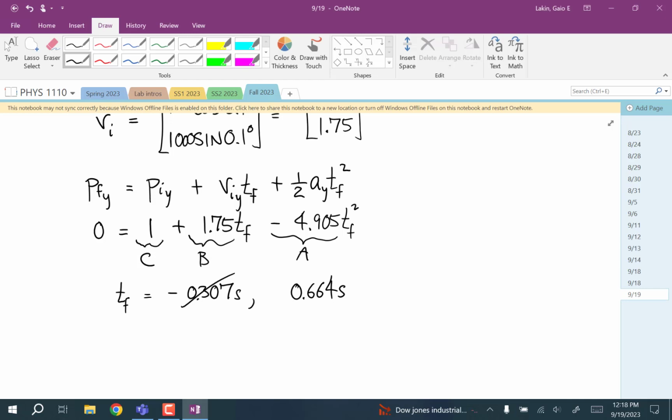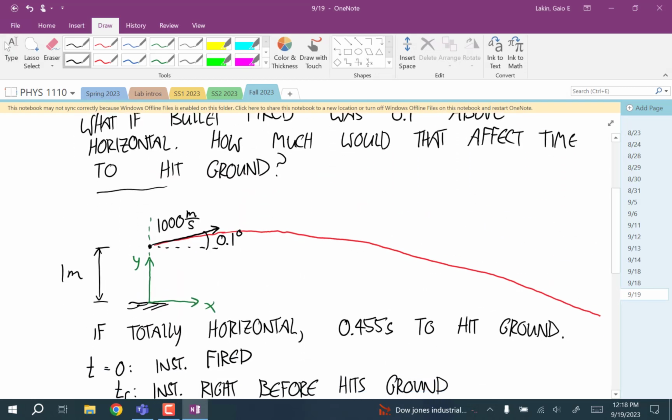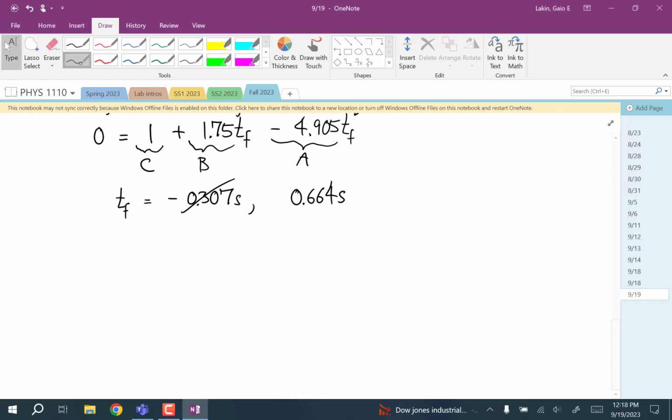How high do you think the bullet gets? Yeah, it definitely will get, I mean, if you look at this picture, this is exaggerated, but you can see that because it's fired up, it is going to go up a bit higher than it was fired. Let's calculate that.